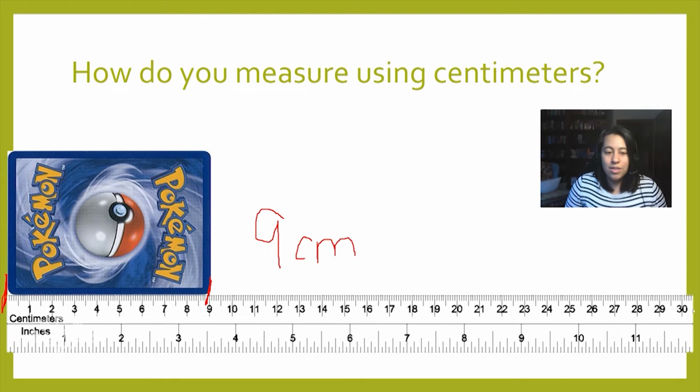I could also check by using this ruler kind of like how I would use a number line and count the jumps. See, there's 1 centimeter, 2, 3, 4, 5, 6, 7, 8, 9. So 9 centimeters fill up that space.